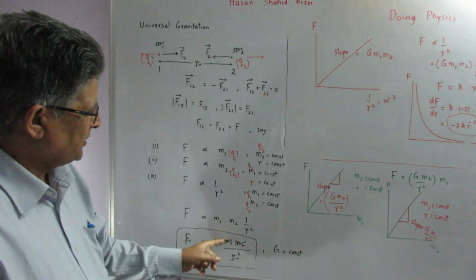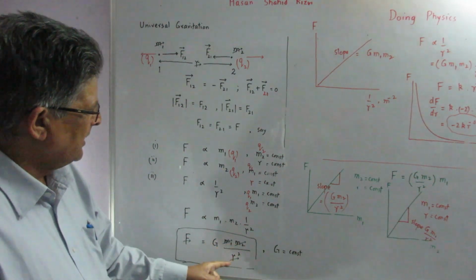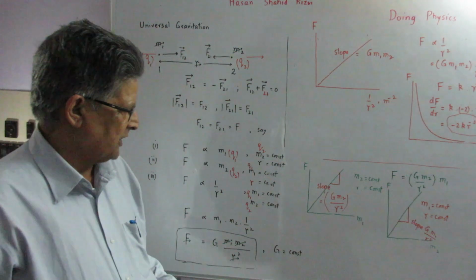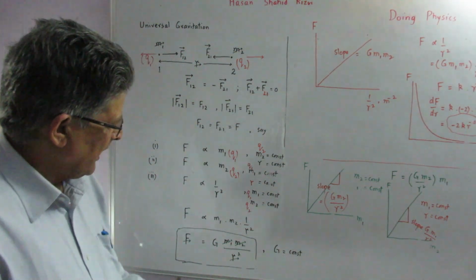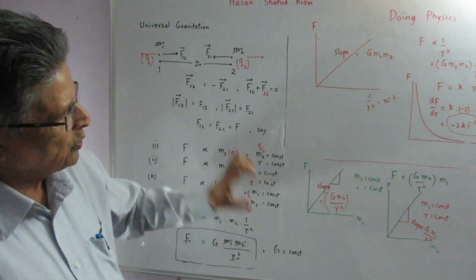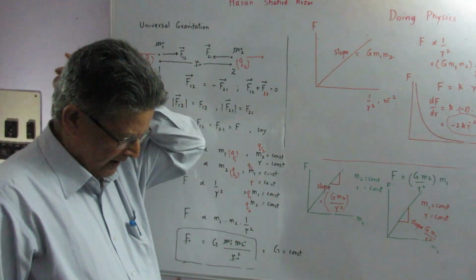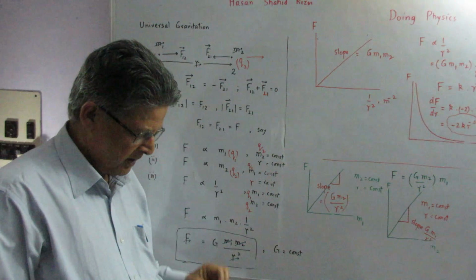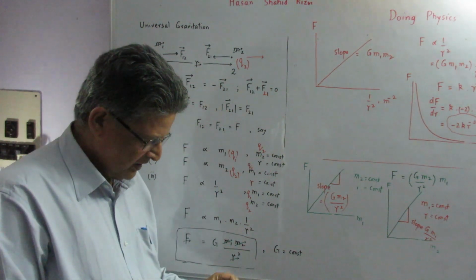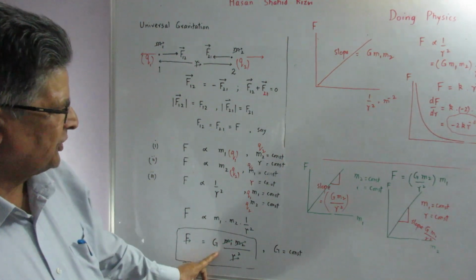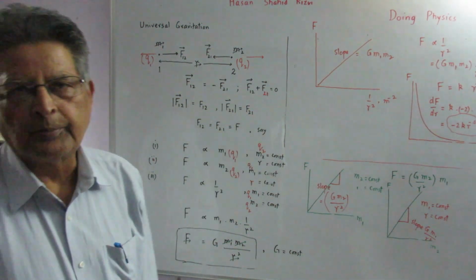Also, just like q1, q2 and r in the system of Coulomb's law. And these two equations that are there, they are experimentally determined once, and the values have been fixed for G and also for epsilon naught.